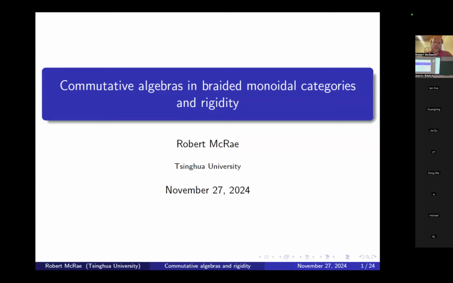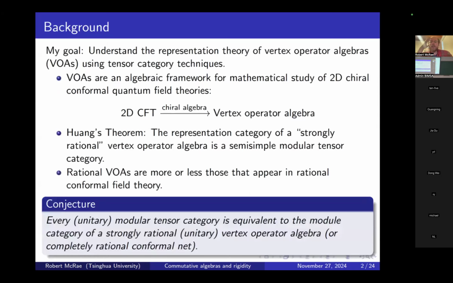Mainly my talk is pretty categorical. But I do want to start with a talk about what my motivation for looking at this was. So I'm interested in representation theory of vertex operator algebras.